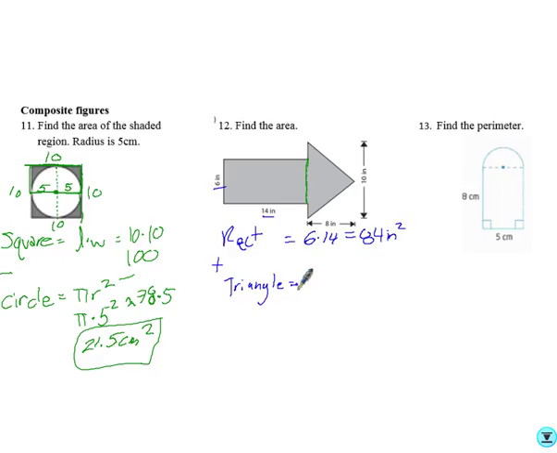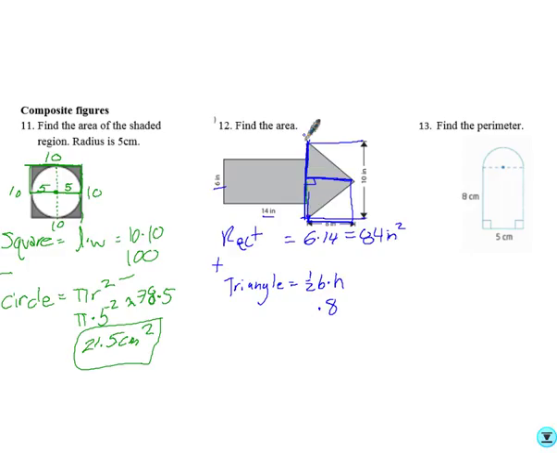Area of a triangle is 1/2 base times height. So this 8 inches right here is actually representing the height of the triangle. From this point to this point, that's the height of the triangle, or the altitude. So the height there is 8. And then this 10 inches is telling us the length of this base right here.